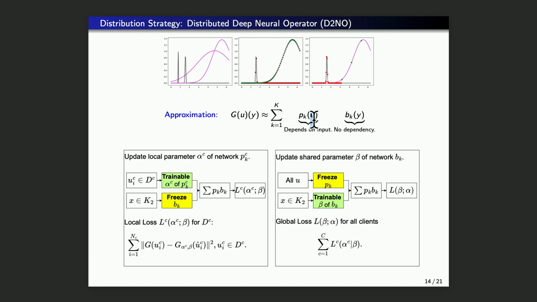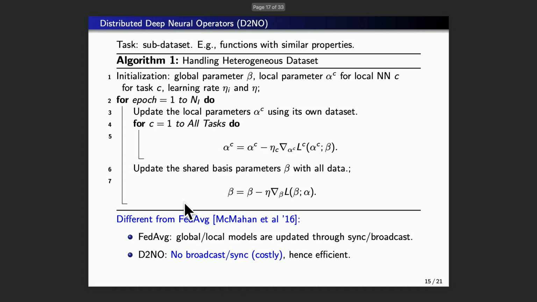If you have very easy functions, we can just use a simple neural network with some specific dedicated activation to handle it. If you have complicated functions, we can have a deeper neural network, also with some specific dedicated activation. During this local update, we will freeze the global parameter. So this is the rough idea, and here we have the pseudo algorithm.